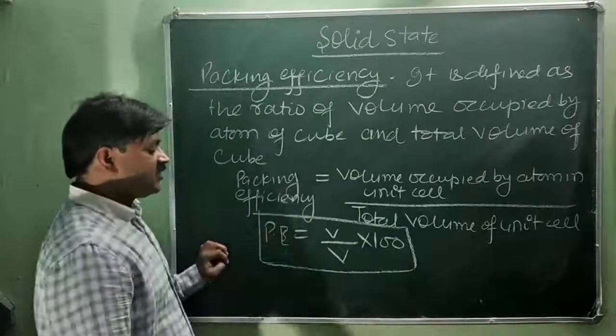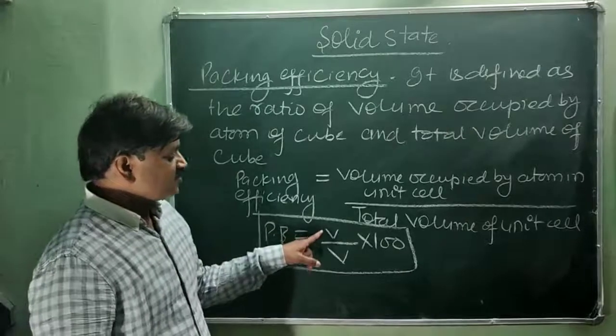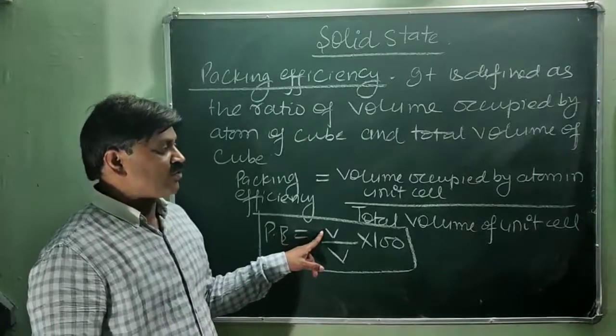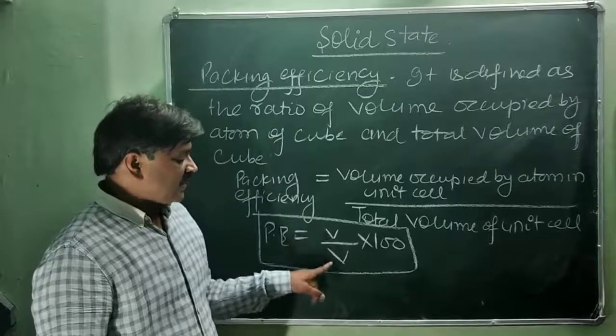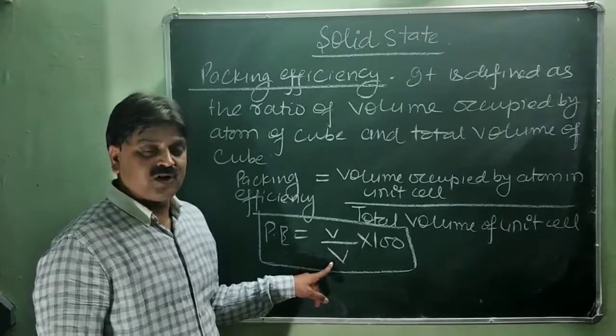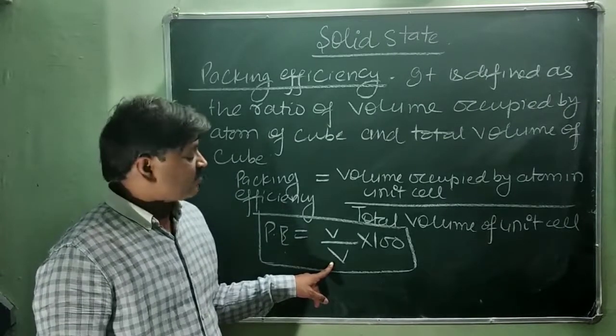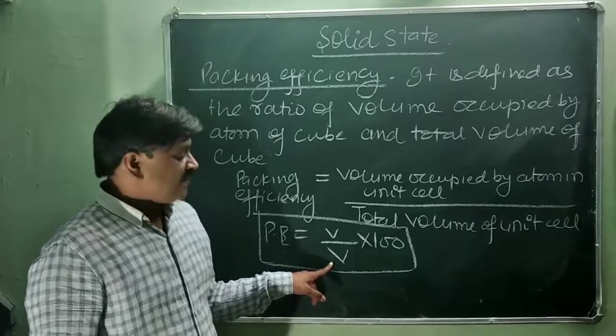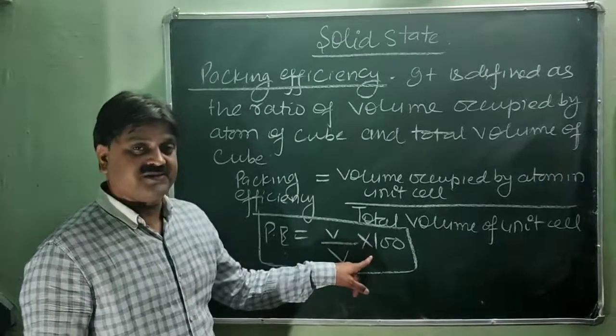Packing efficiency is equal to small v upon capital V, where small v is taken for the volume occupied by atoms in the unit cell and capital V is taken as the total volume of the unit cell, and into 100 gives the percentage fraction.